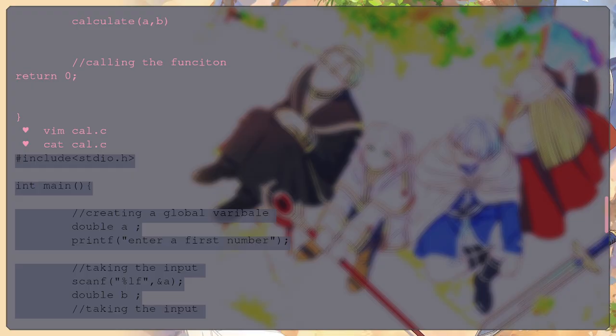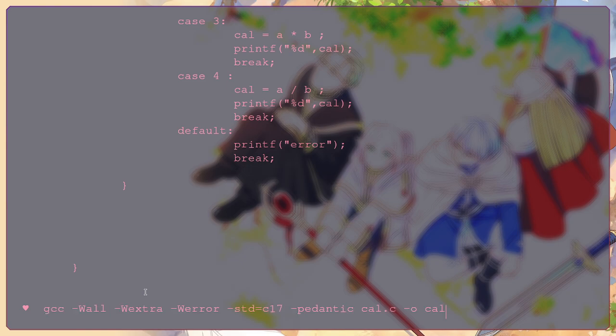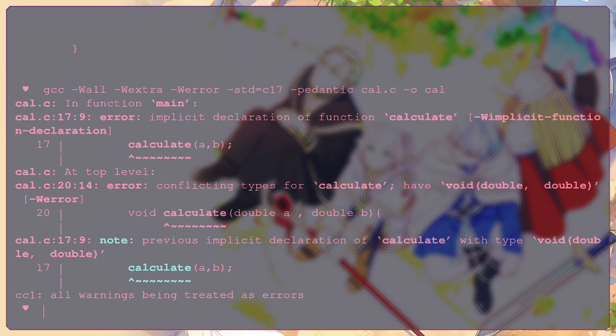Now let me compile it. The nested function error is fixed, but here there is no prototype declaration for calculate before main. You define calculate after main but call it inside main without declaring it before main, or move the whole calculate function definition above main.